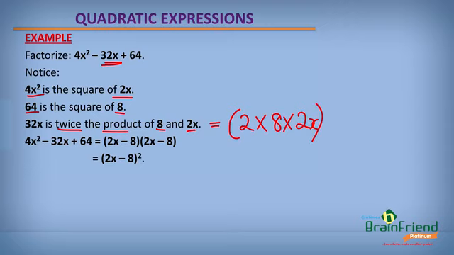So we can simply factorize by saying 4x squared minus 32x plus 64 is equal to 2x minus 8 times 2x minus 8. This minus sign here is because 32x has a minus sign. And just like we did in the previous example, the sign here follows the sign which is given in the question. And this is equal to 2x minus 8 all squared.